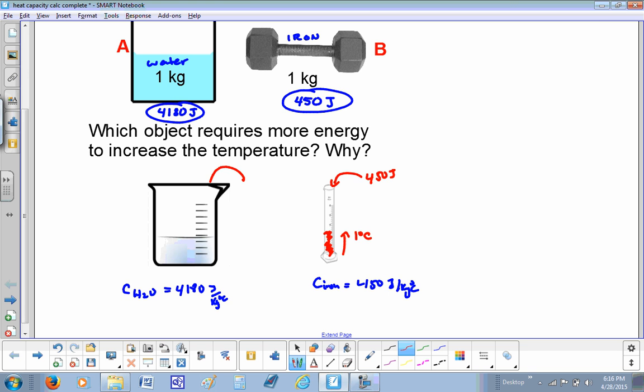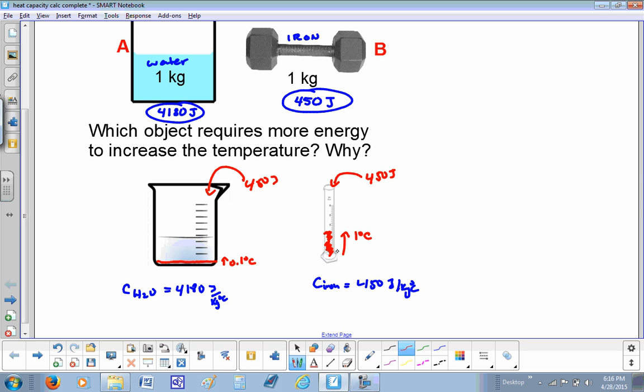Now, if I add the same amount of energy over here, 450 joules, it barely makes a difference. It takes a lot more to fill up this container. A lot more energy is required to increase the temperature. So here, my temperature might only go up by 0.1 degrees Celsius.